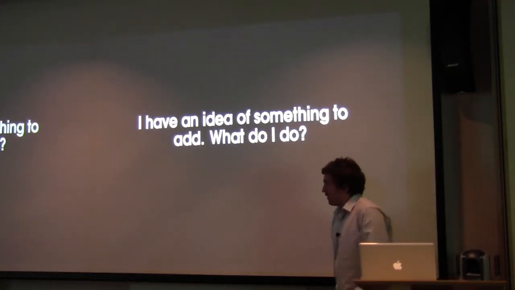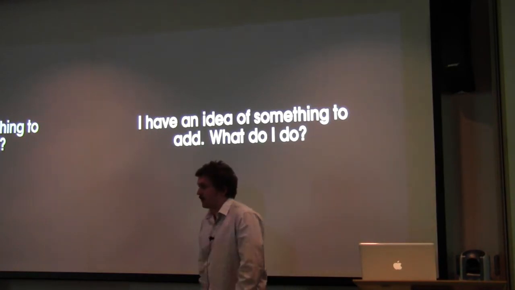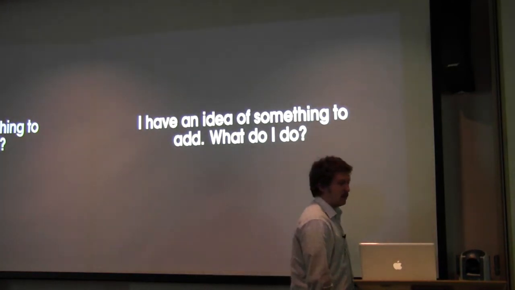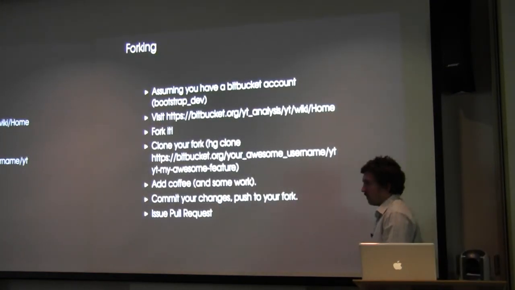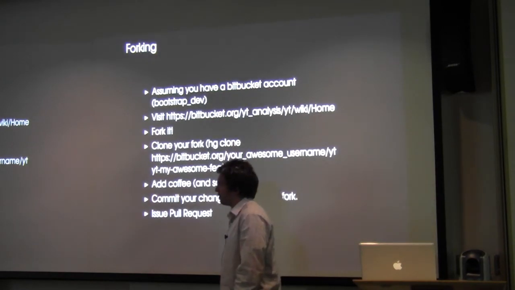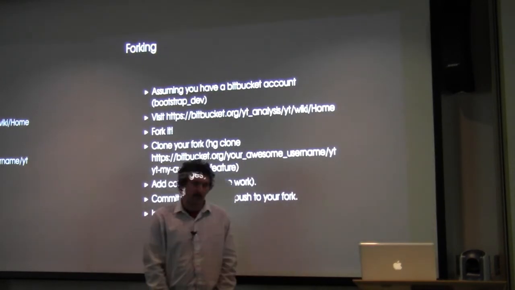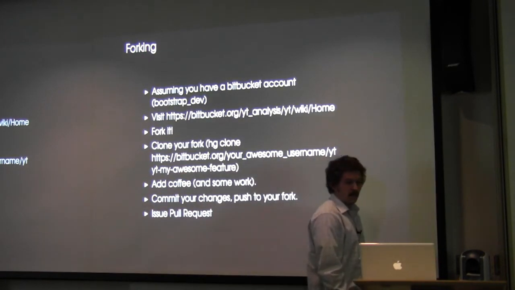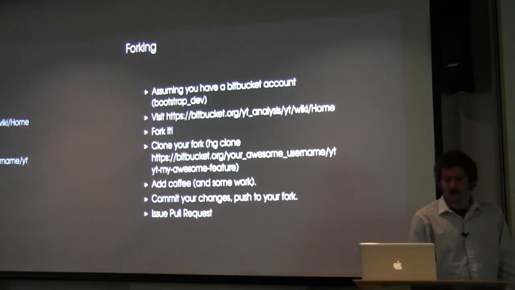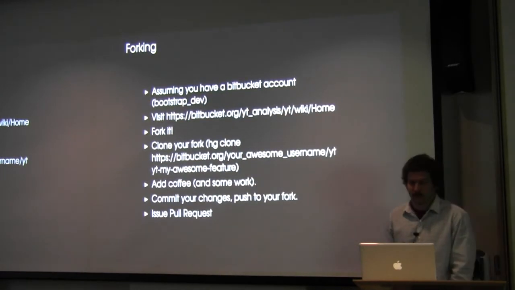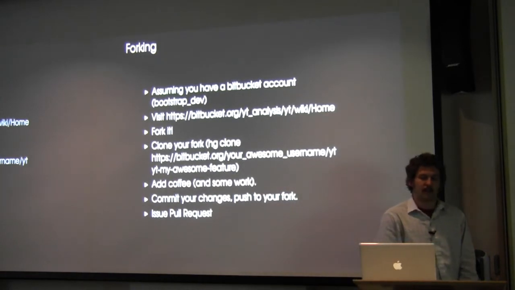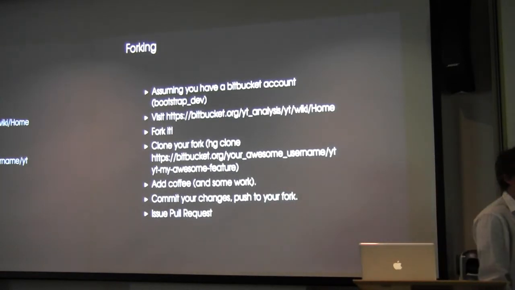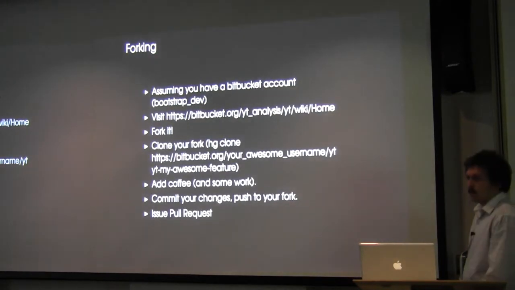So, you have some cool idea, or you found some bug fix. What do I do? Well, assuming that now you all are set up with the Bootstrap dev, and you've gone through and made your own Bitbucket account, what you could do is visit the YT analysis homepage, do something called fork it, which I'm going to show you in a minute, do some work, commit your changes, push those changes, and then submit it to the community to say, I think this is ready.